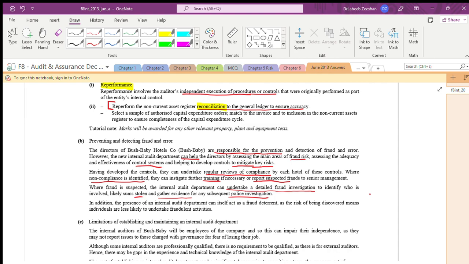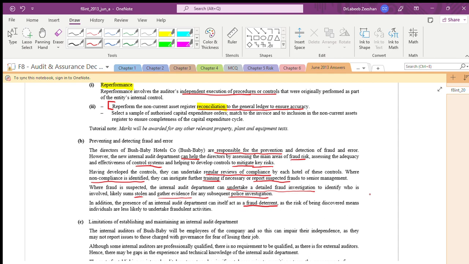Unless they are convinced and have sufficient evidence, they will not go for further investigation.